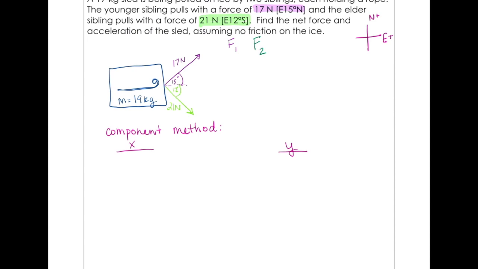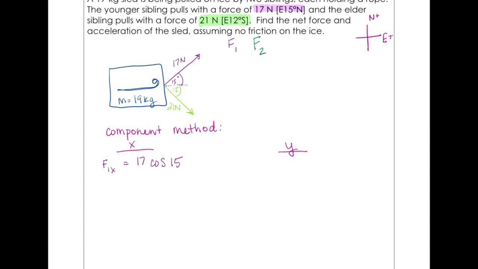Okay, so for the x component for the younger sibling, the force of 1x, or the force in the horizontal aspect, is going to be 17 times the cosine of 15. I just rearranged that. That's exactly what we were doing before. It would have been cosine of 15 equals force divided by 17.